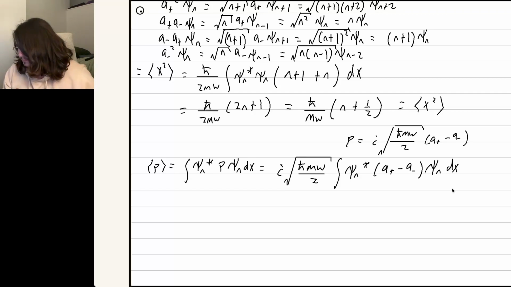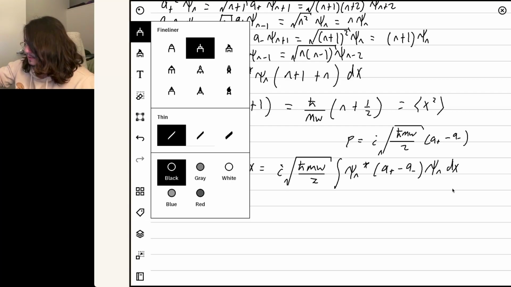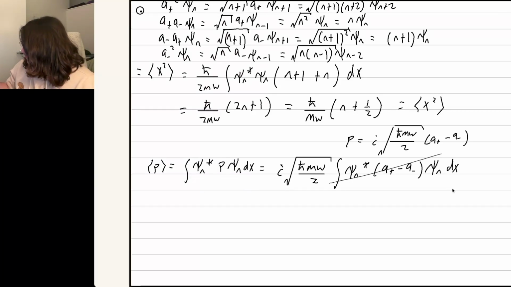We already know that a plus and a minus evaluating on psi n is going to change the state to either plus or minus 1, so this integral is also just going to go away, and you'll end up with 0.